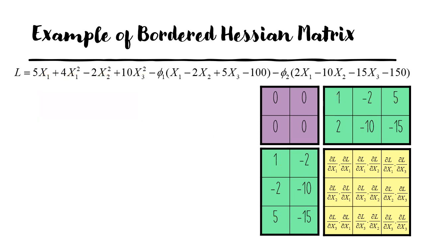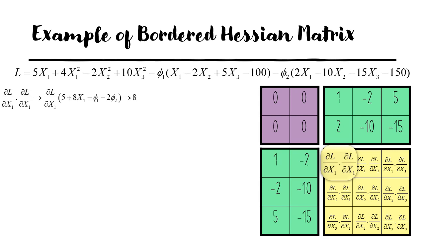Now let us solve this problem. First, I have to partially differentiate twice with respect to x1. When I differentiate once, I will get 5 plus 8x1 minus 5y minus 2, 5, 2. Again, if I partially differentiate with respect to x1, I will get 8.